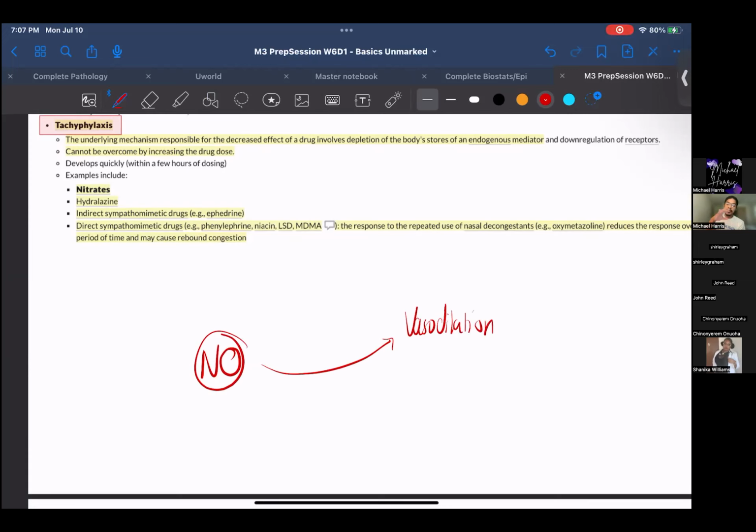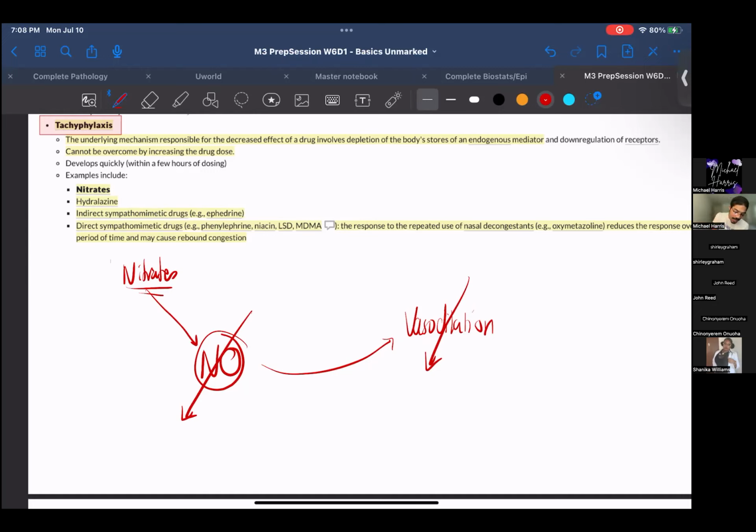It goes to the various smooth muscles around the arteries and causes vasodilation. Now, there are various drugs, particularly nitrites, that augment this process. However, eventually over time, you will run out of nitric oxide and you will not be able to undergo vasodilation.